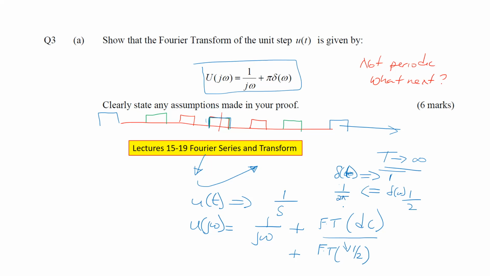So the Fourier transform of 1 over 2 will give me pi delta(omega). You put it in there, and that's your 6 marks right there. Okay? But we went through the whole thing just to show the rationale behind it. So questions?